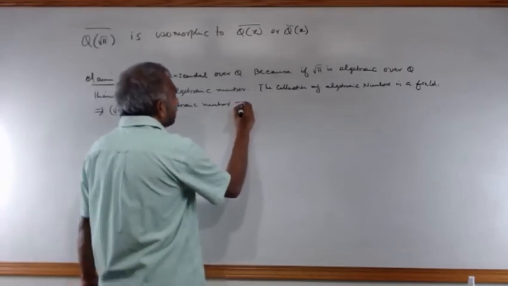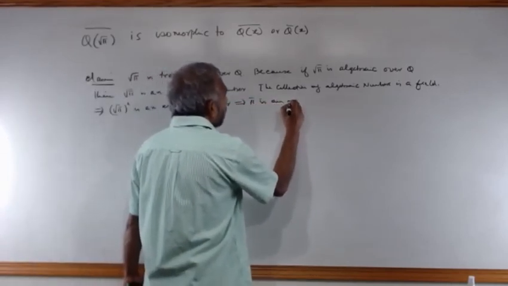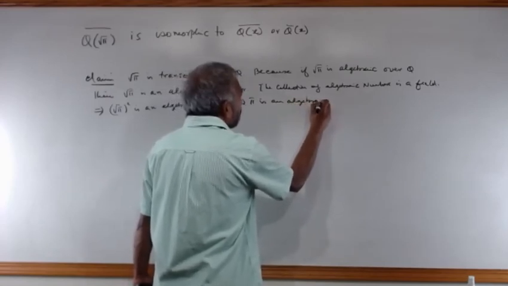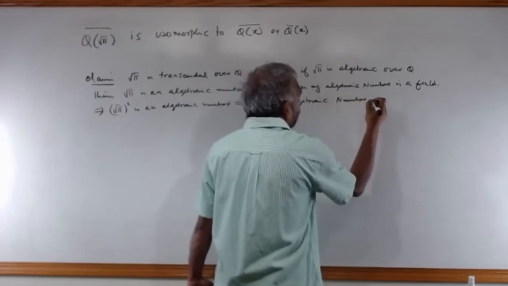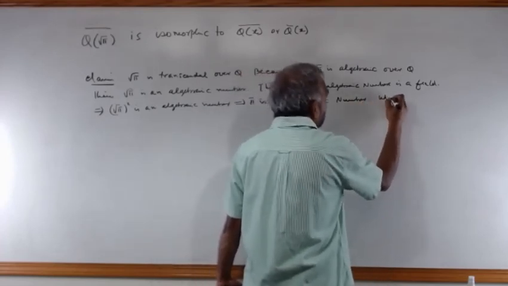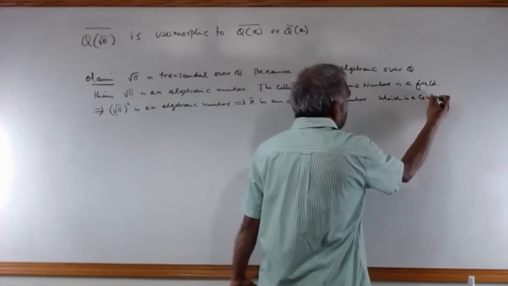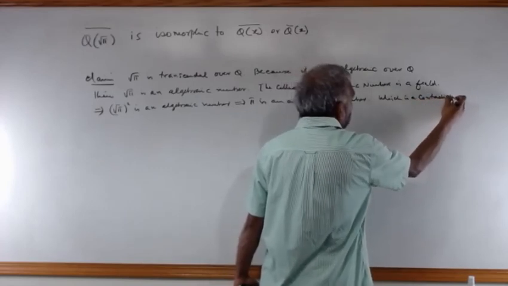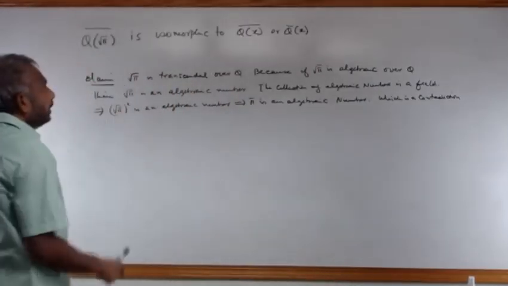That implies pi is algebraic, which is a contradiction, because we know that pi is not an algebraic number. So root pi is transcendental.